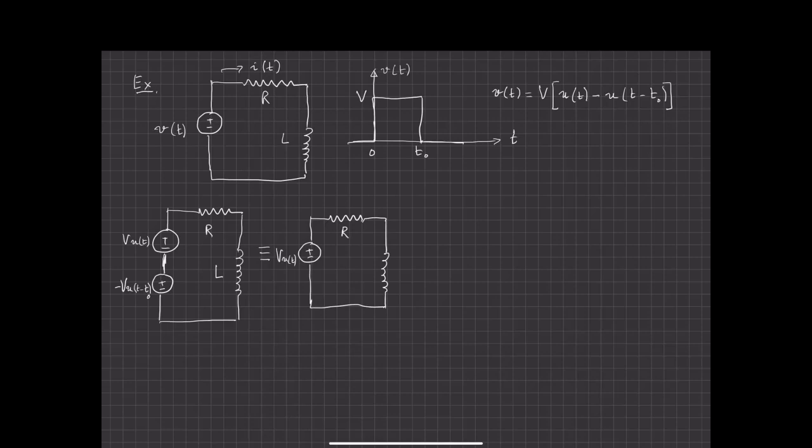This is R, this is L, and I will call the response of the circuit due to v u of t as I1 of t, and then I'm going to add to it the response of the circuit to minus v u of t minus t naught.